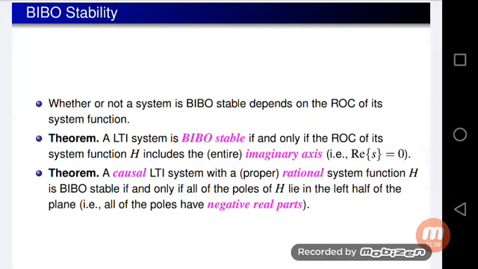A causal LTI system with a proper rational system function H is BIBO stable if and only if all the poles of H are in the left half of the plane. So in any topic there are theorems we use to process the data, here in BIBO stability.